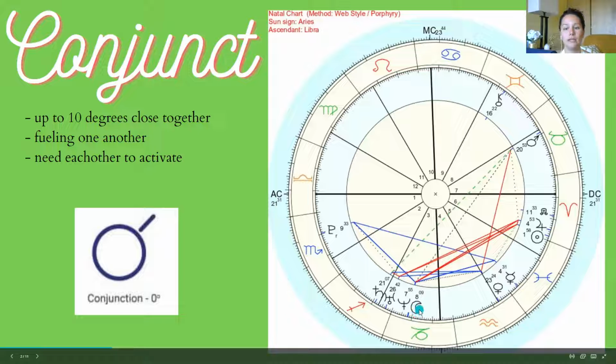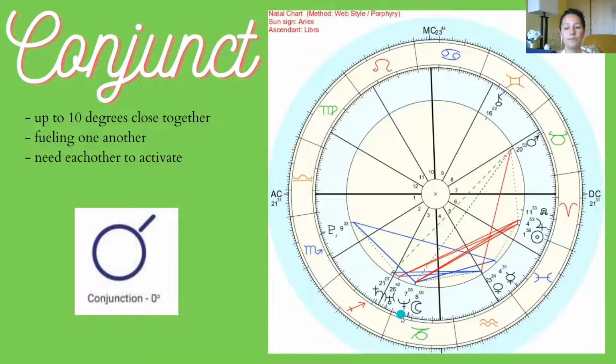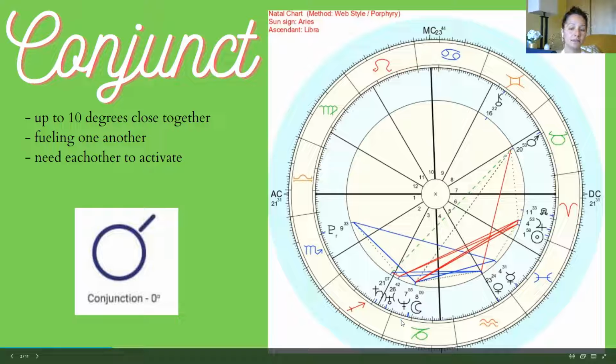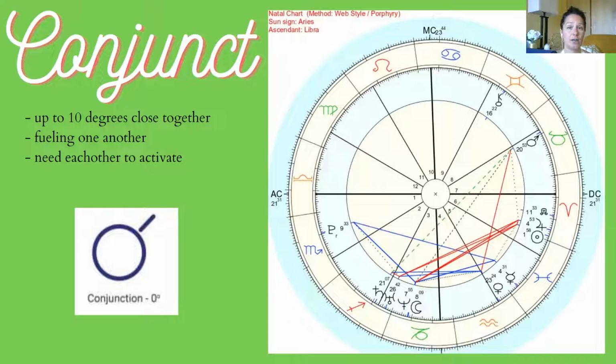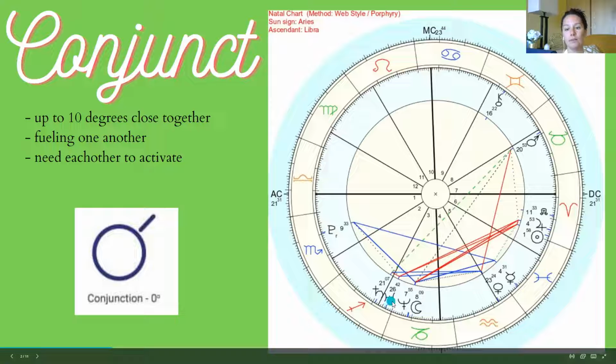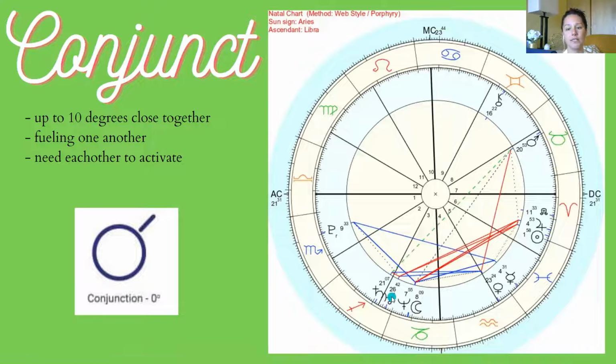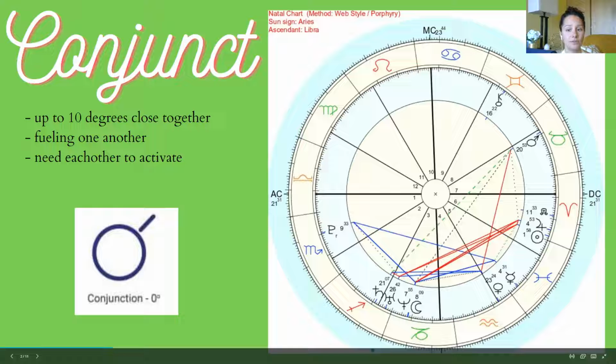The Moon is here at 8 degrees and Neptune is right next to it at 7 degrees. They are conjunct. They are almost right on top of each other, 1 degree apart. Uranus at 26 degrees is conjunct with Saturn here. 21 and 26 are within 10 degrees.